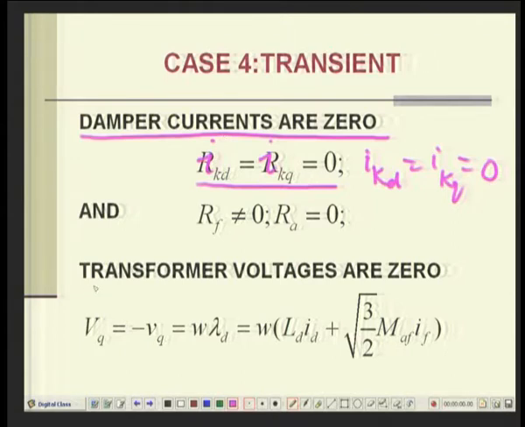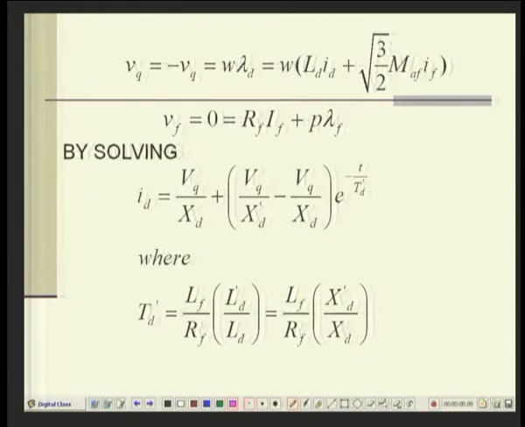Then again we say transformer voltages are 0, then what we have? We have Vq is equal to minus Vq that you are applying, omega lambda d is omega Ld Id plus 3 by 2 M Ef If, because Ikd and Ikq are zeros. Then Vq is minus Vq and Ld Id plus this, and Vf is 0 anyway, Rf If plus P lambda f.